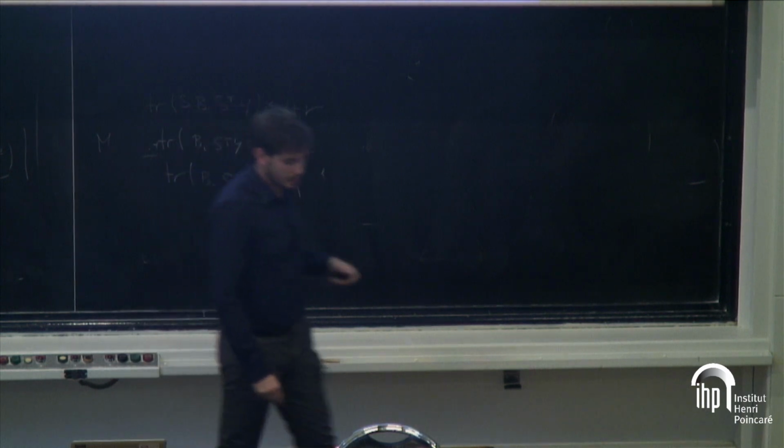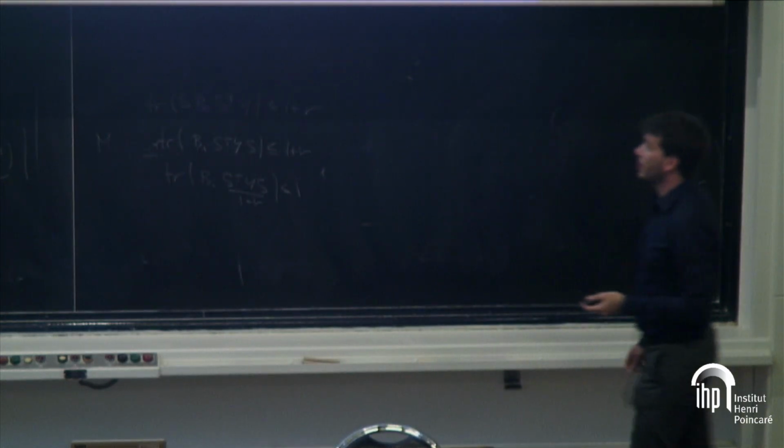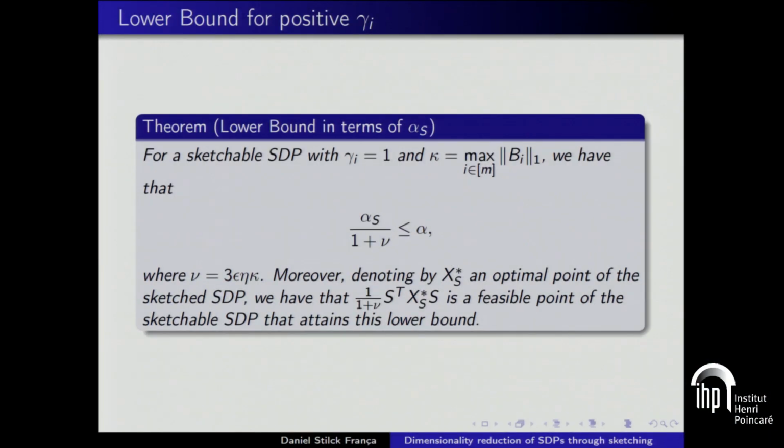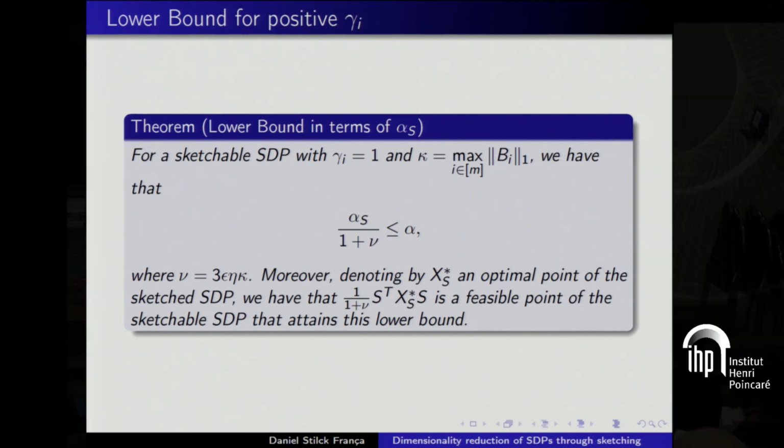So in this very nice and simple case, we even get feasible points of your original problem whose value cannot be that far away from your optimal value. But as I said, we can also handle the general case, but it's much messier.